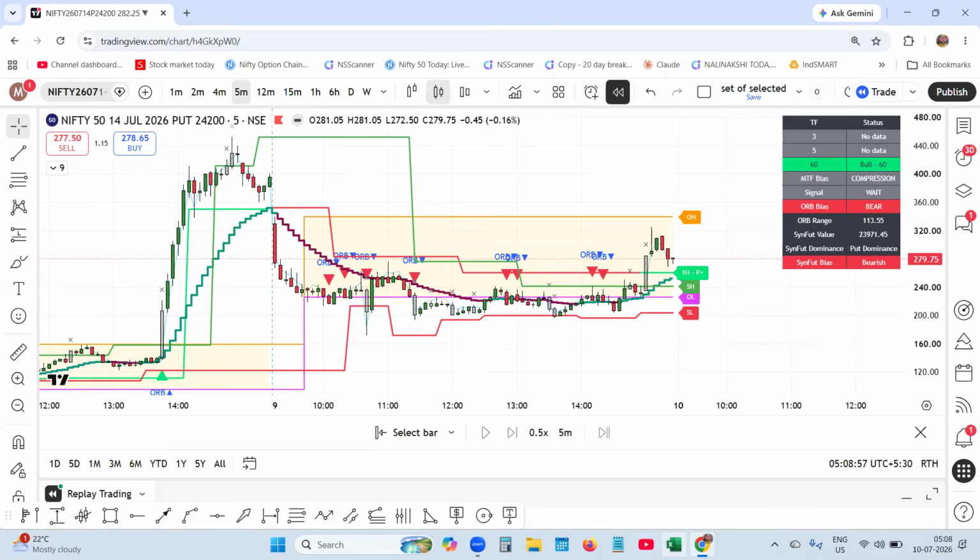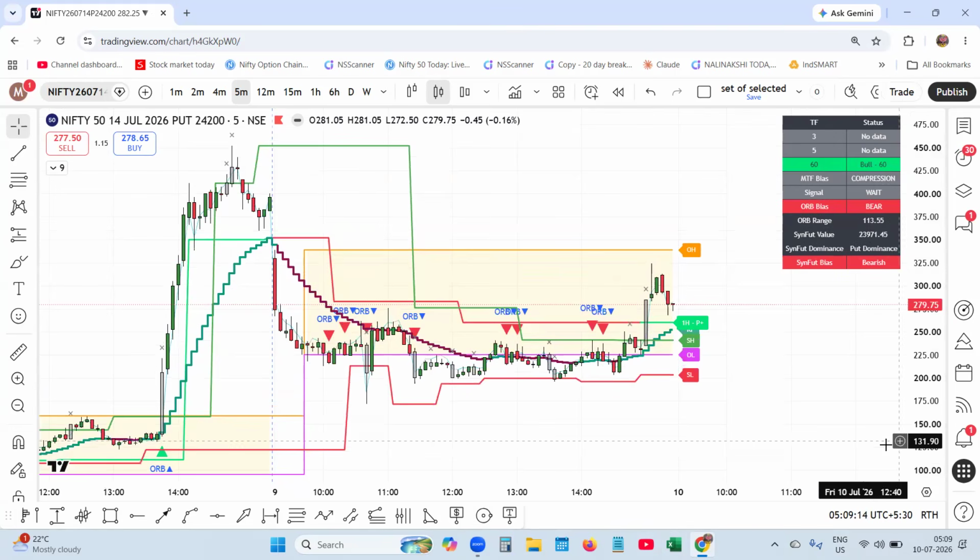High made was 309. So friends, this is how you can position yourself opposite. You will come to know as if it was bearish throughout the day. It dominated while closing. Thank you very much, friends. This is how you can make out with the help of my indicators.